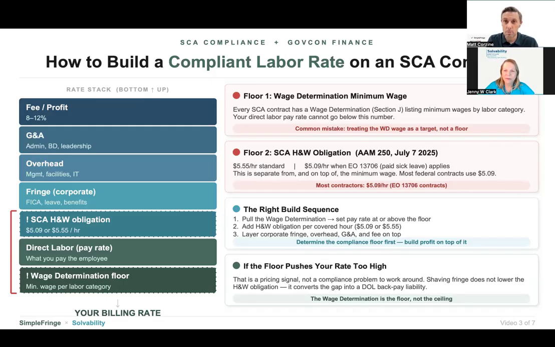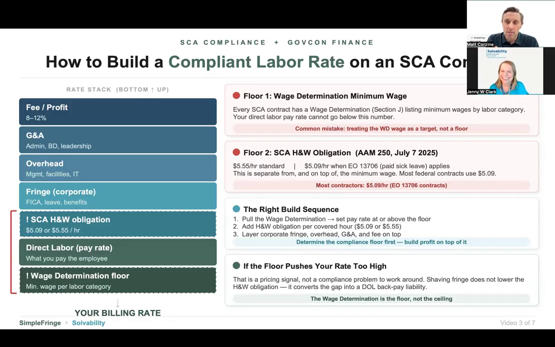I will just note as a sidebar, sometimes when contractors ultimately win an SCA contract, they realize that there's a type of position that doesn't appear on the wage determination. And there's a special process that contractors have to go through. It's called the conformance process. I knew it. Effectively, yep, you got it.